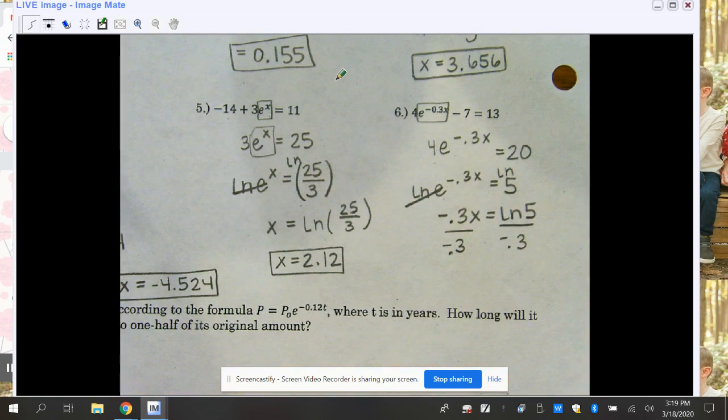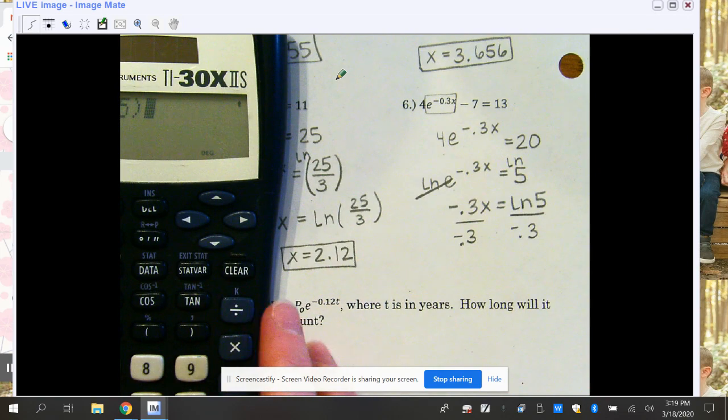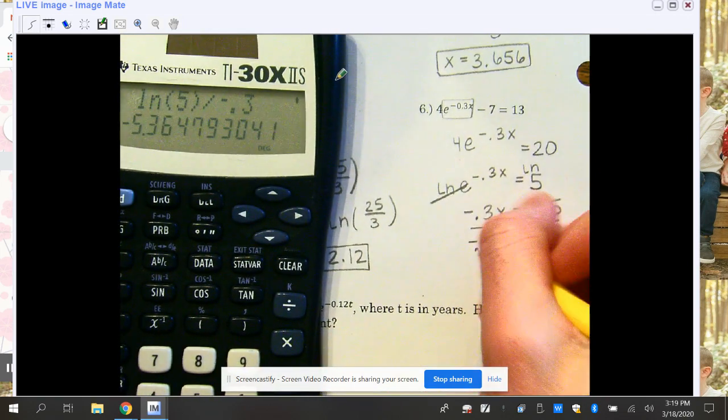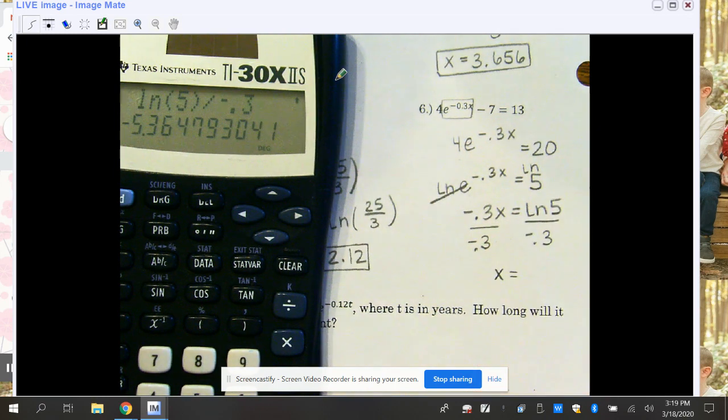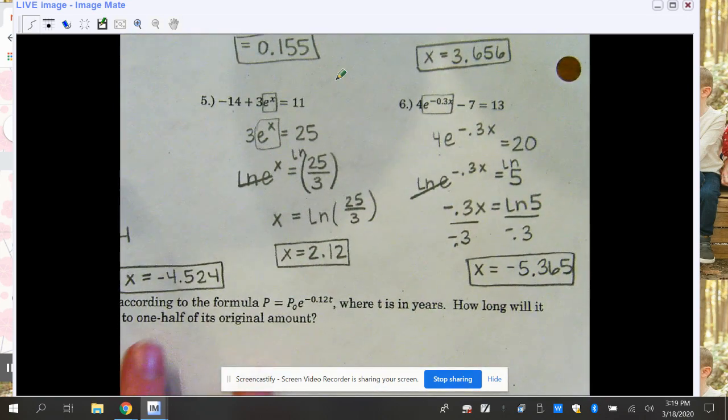So the natural log of 5, close the parentheses, divided by negative 0.3 is going to be about negative 5.365. And that would be my answer.